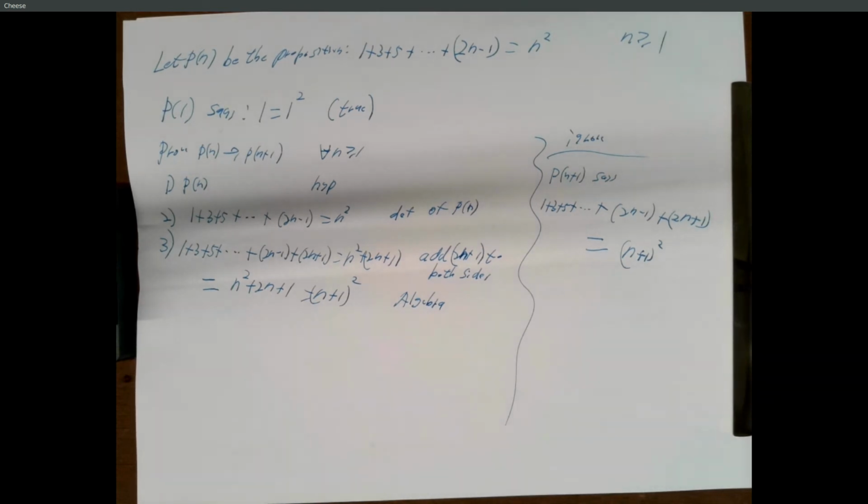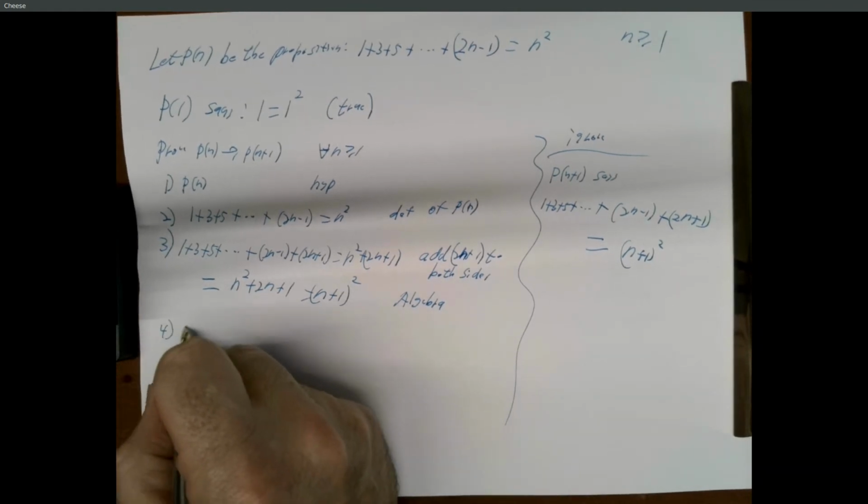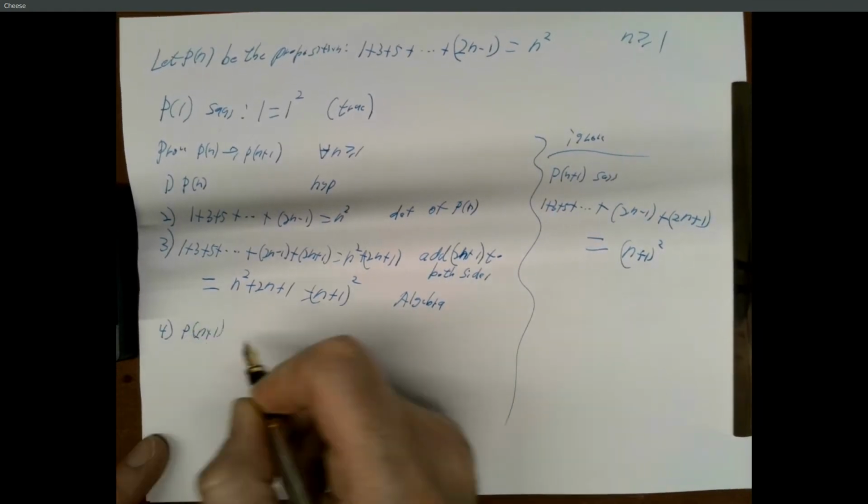But hey, what have we just proven? Just by assuming P of n, we've proven that the sum of the first n plus 1 odd integers is equal to n plus 1 squared. That's what P of n plus 1 says. So we've proven P of n plus 1.